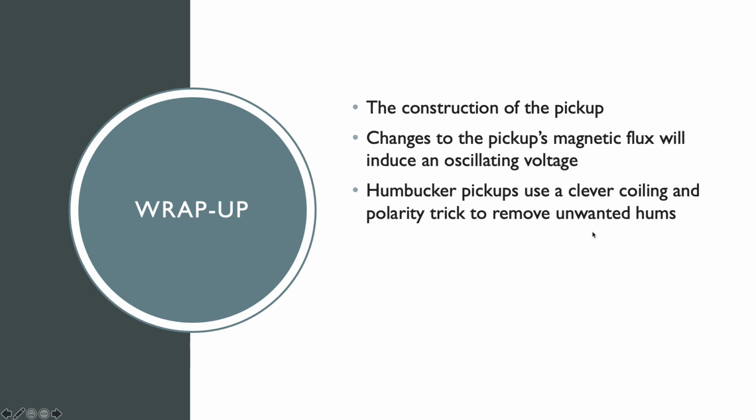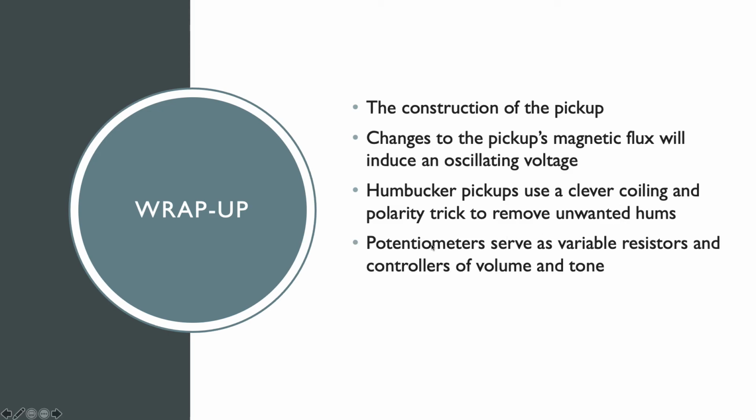And then we talked a little bit on the side about humbucker pickups and how they use clever coiling and polarity tricks to remove unwanted humming noises. Later on, we started talking about the electronics portion of the guitar circuitry, especially an introduction to potentiometers and how they serve as variable resistors as well as controllers for volume and tone. And lastly, we ended off with how capacitors can be used as filters for frequencies.